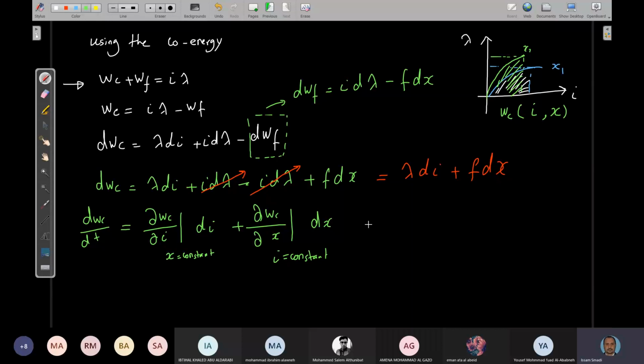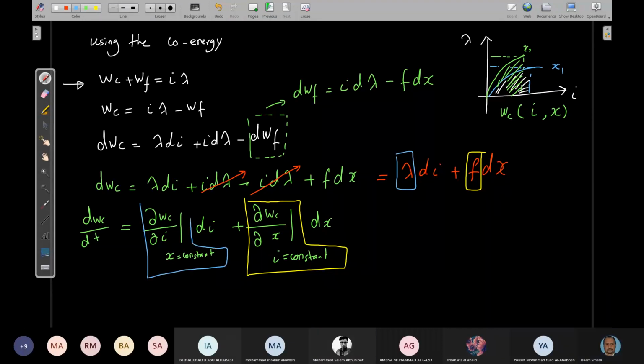Now if I compare, this one is equal to this one, and this one here is equal to this one.